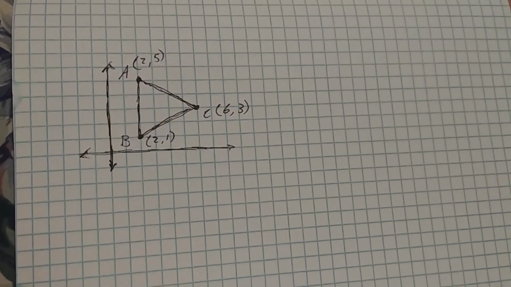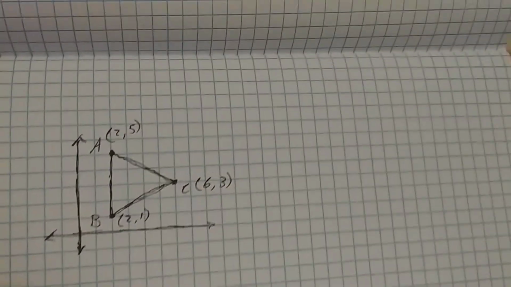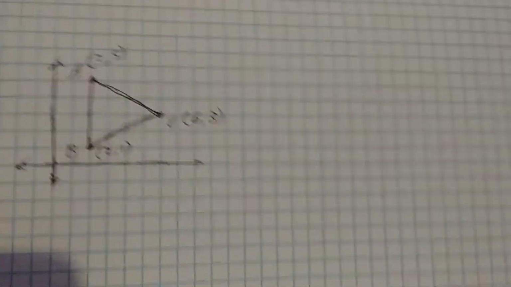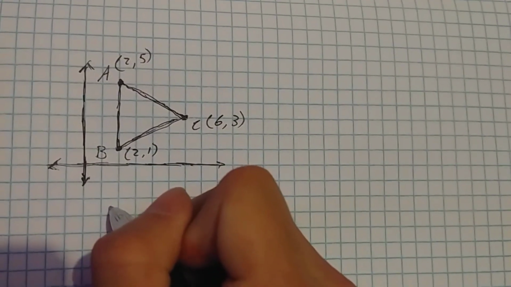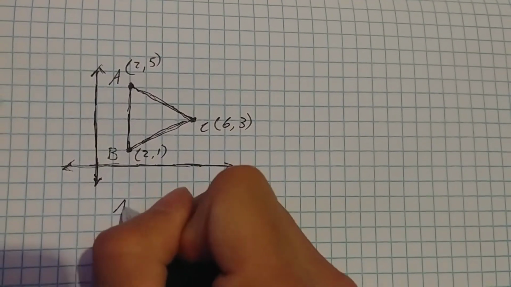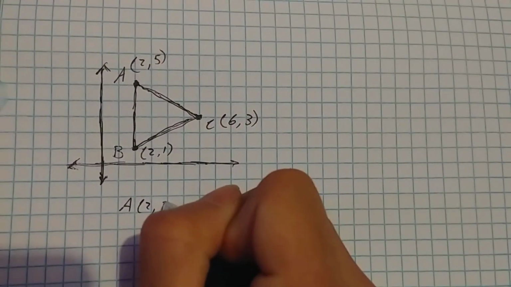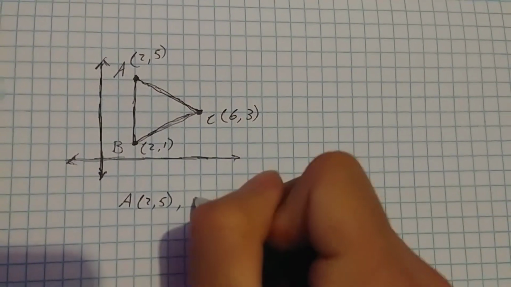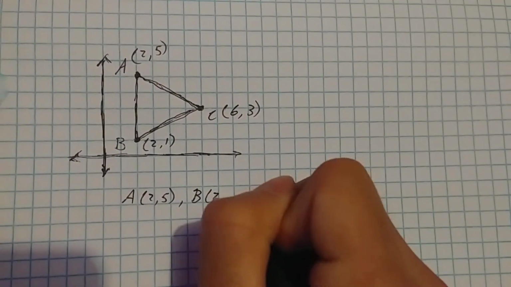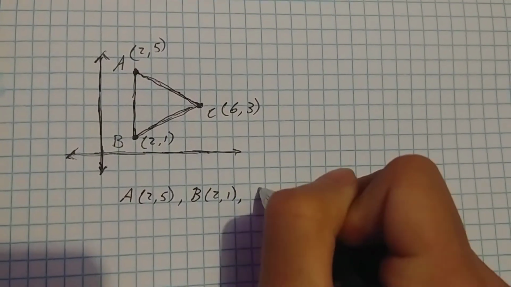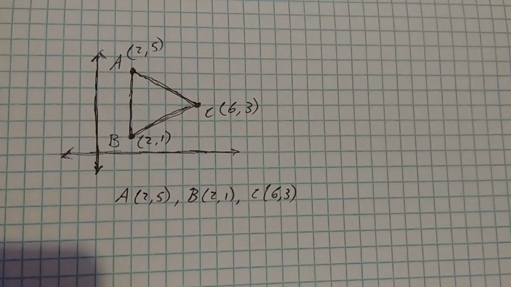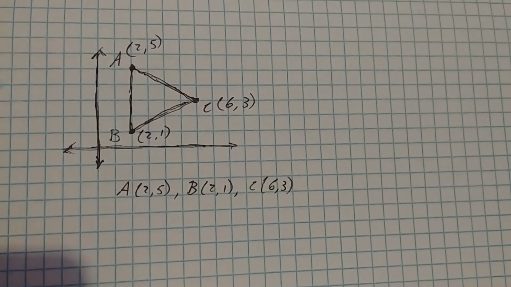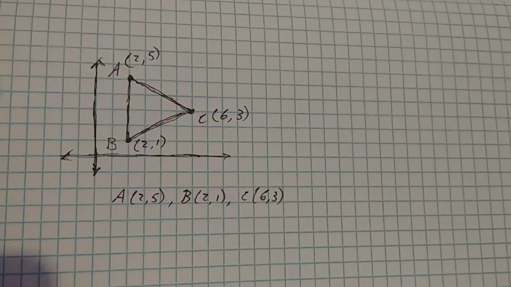So again, step 1 asks you to write down the coordinate place of each vertex of the figure. So let me list my A, which is 2, 5, my B, which is 2, 1, and my C, which is 6, 3. Here we go.